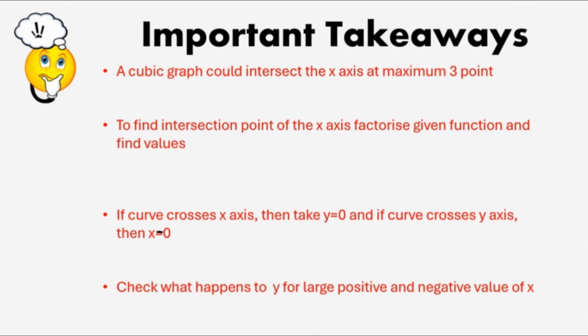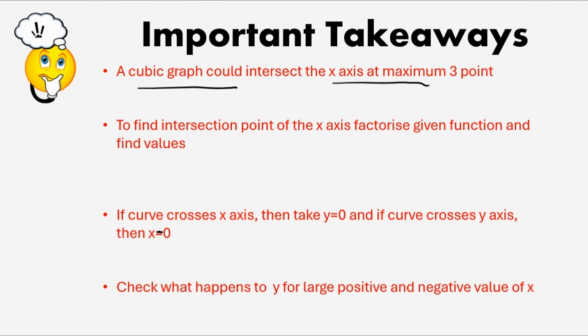Important takeaway for this topic. When we are drawing a cubic graph, it intersects the x-axis at a maximum of 3 points. It can be less than 3 points, maybe 0, or 1, or 2, but maximum 3 points are there. So when you solve the equation, you will get 3 values of x.